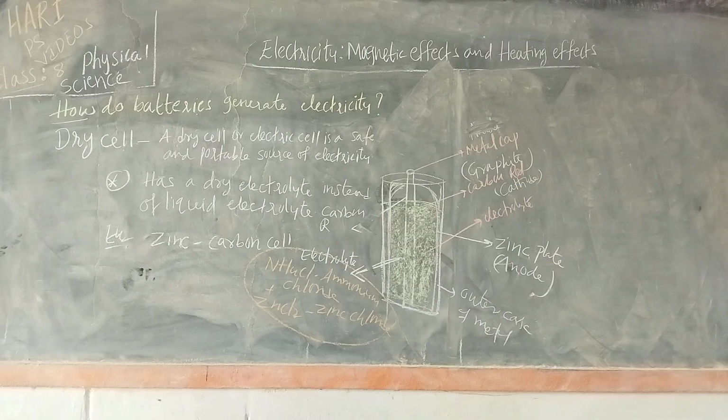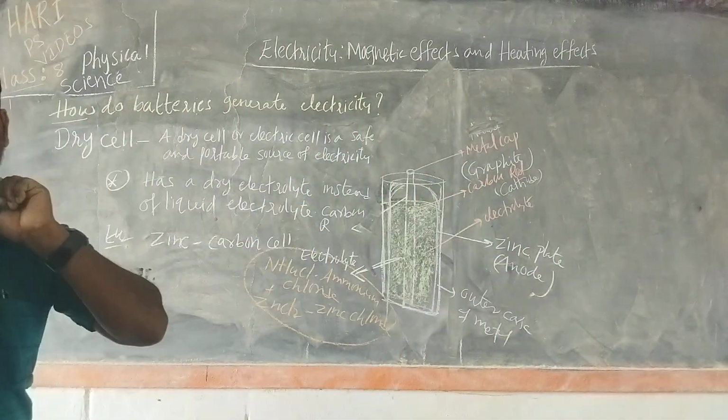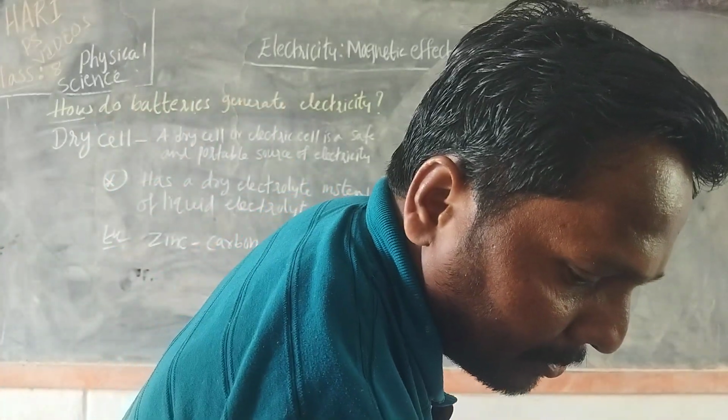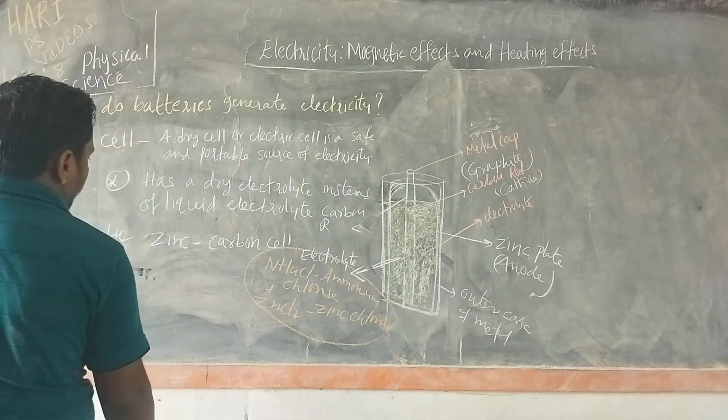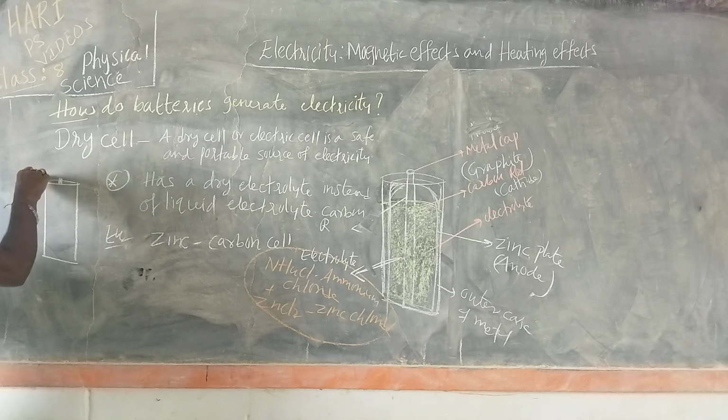If it is possible, please break any unused or discharged dry cell. So a simple representation you can draw here. A dry cell consisting of two terminals. It has one metal cap, the positive terminal, and the negative terminal.